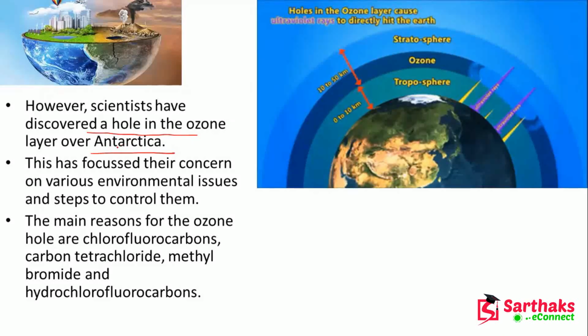They are very much concerned because if there is a hole in the region of Antarctica, that means a big problem will arise. So we have to take steps to control this.